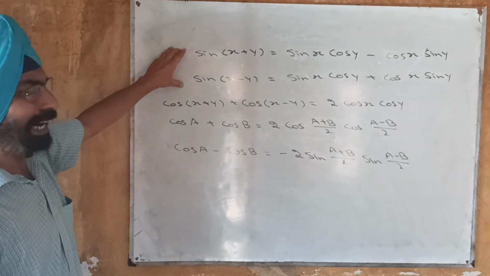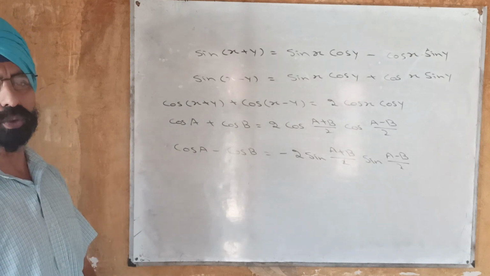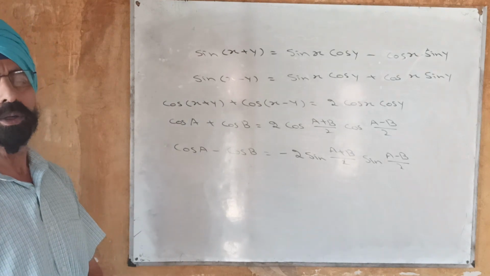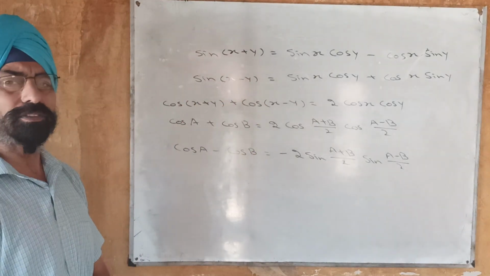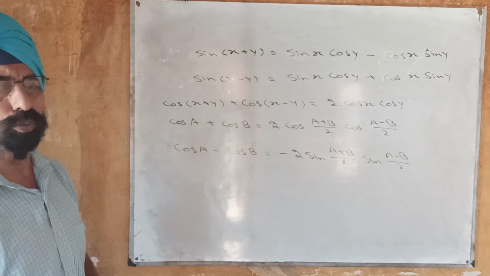Once again, add these two. After adding, take x plus y equal to a and x minus y equal to b. Once again, your x and y will become (a plus b) by 2 and (a minus b) by 2, and you will get two more results.